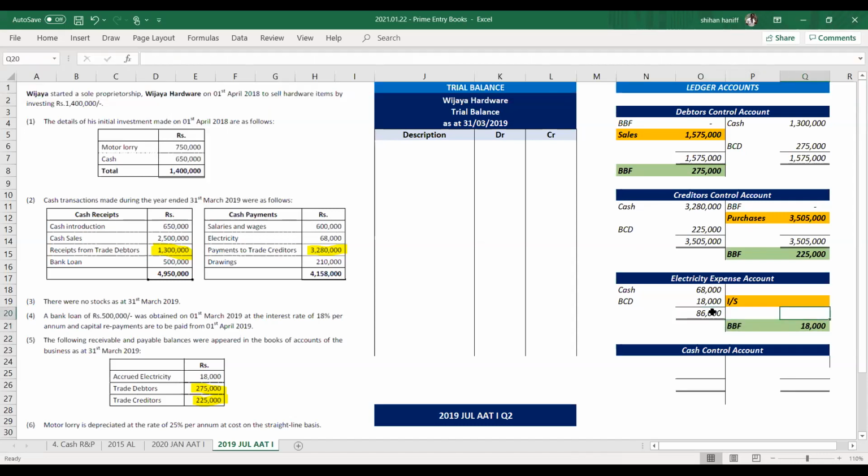So total electricity expense for the year is 86,000.